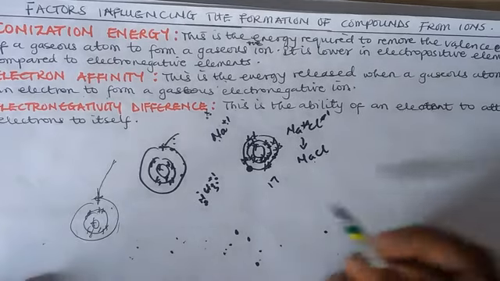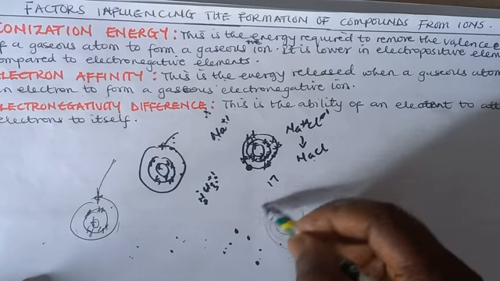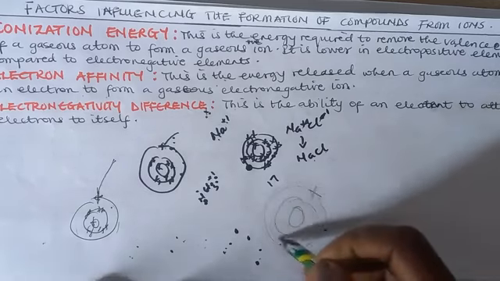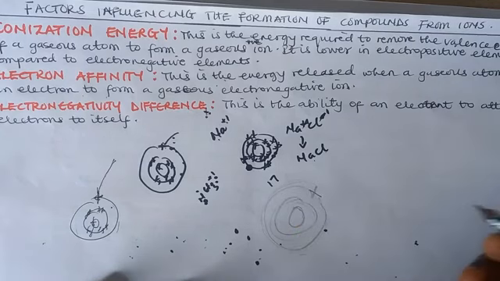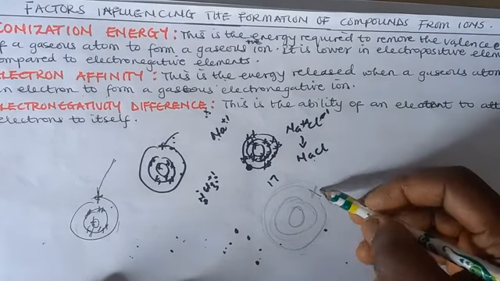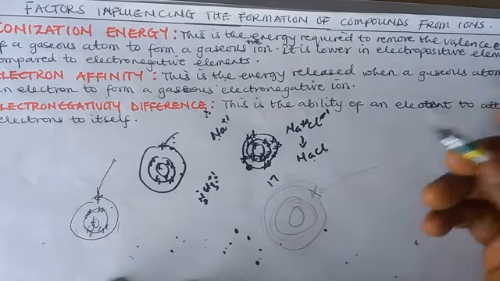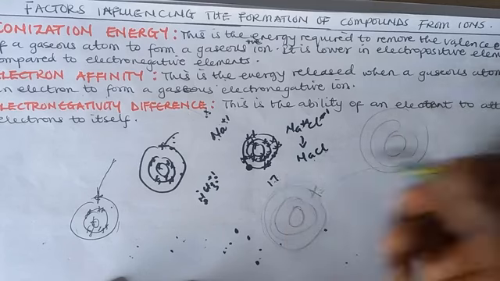Take for instance sodium. The atomic number is 11. We have 2, 8, and 1 on the last shell. It needs 7 more to make a complete shell, which is 8. So it cannot gain 7, but it can give out 1 easily. So it requires less energy to remove the valence electron compared to chlorine, because chlorine has an atomic number of 17.